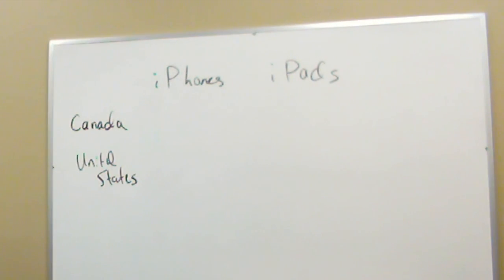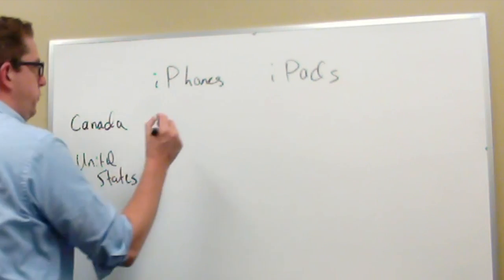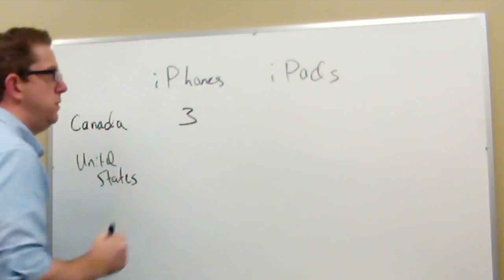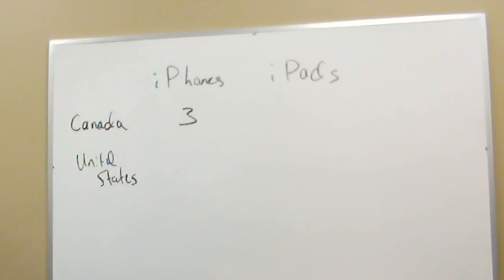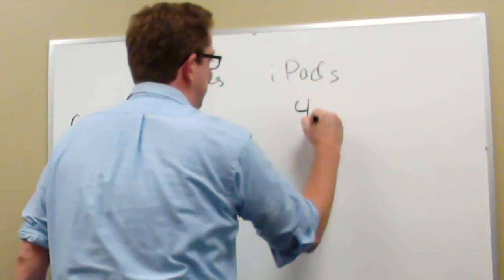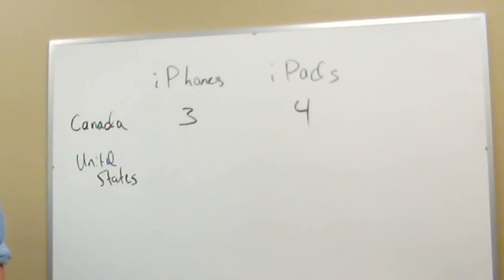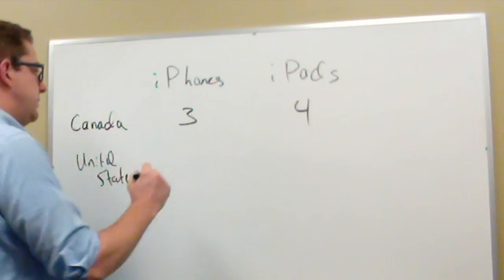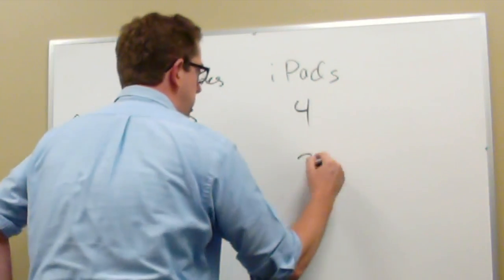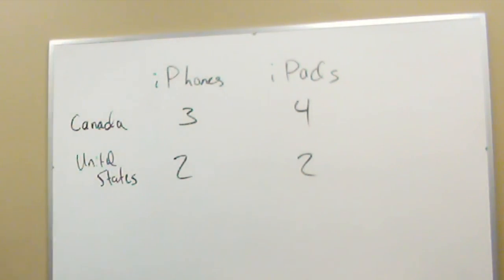In Canada, let's suppose that it takes 3 hours of labor to produce an iPhone and 4 hours of labor to produce an iPad. Whereas in the United States, it only requires 2 hours of labor to produce an iPhone and 2 hours of labor to produce an iPad.